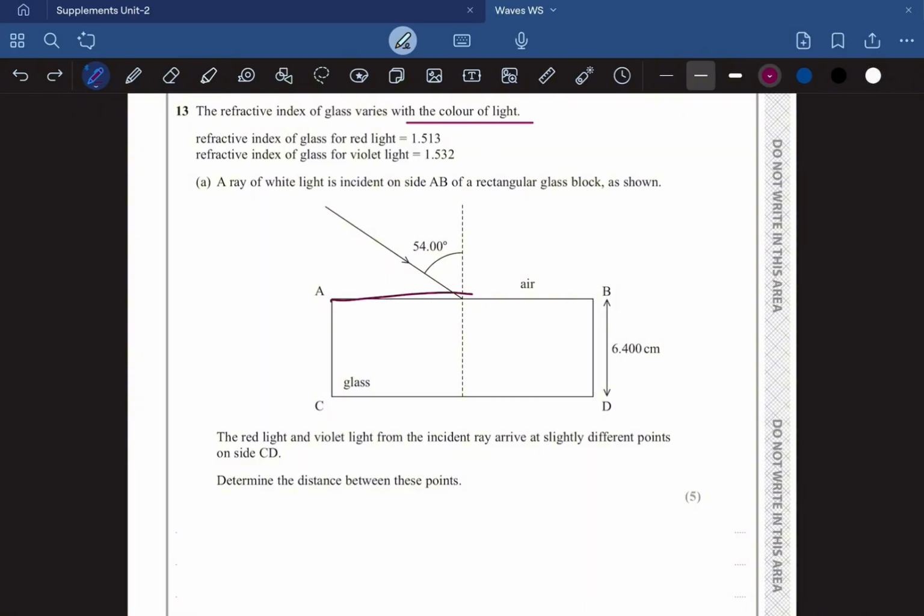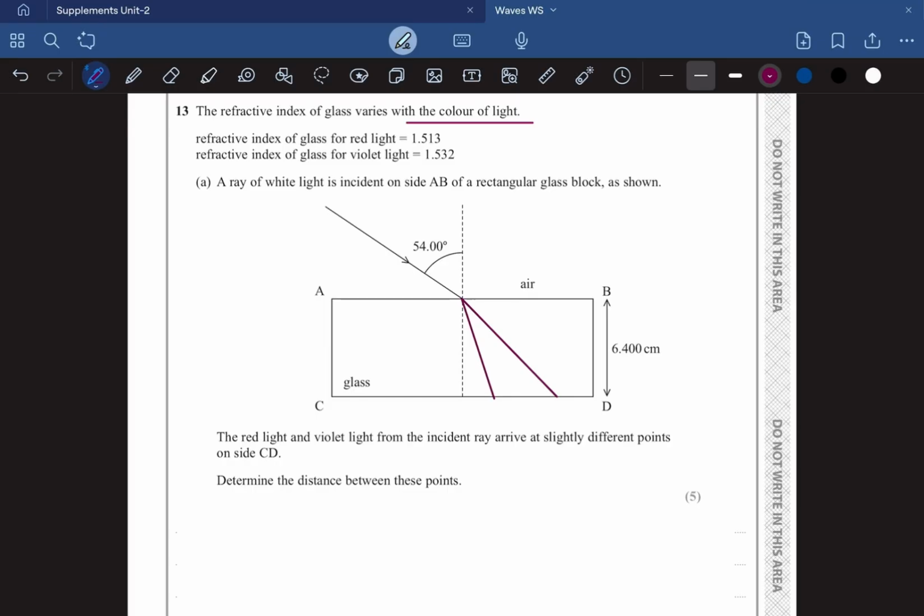So this is my boundary on which it will be incident. The red light and violet light from the incident ray arrive at slightly different points, C and D. Let's say A arrived at this position, and let's say B is arriving at this position. Both of them are arriving at different positions.